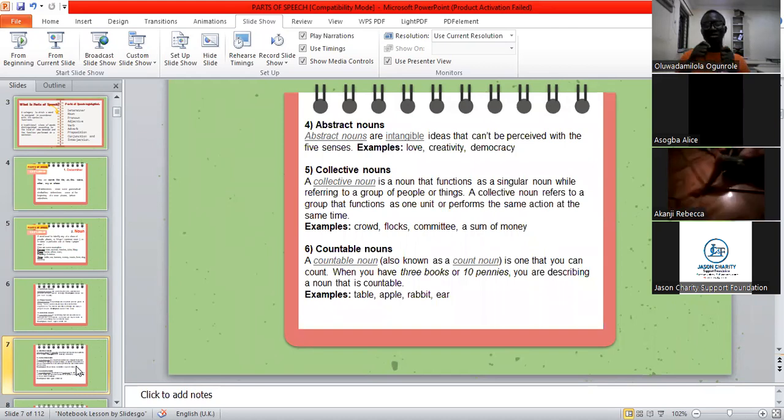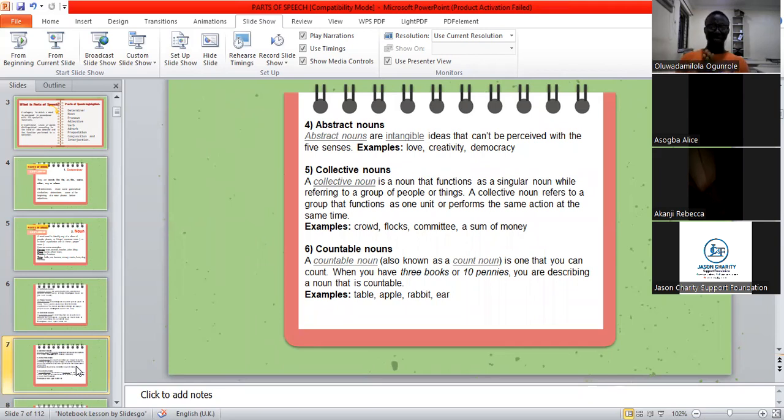If you say a group of people, what you are doing there is like you are trying to repeat, or what we call tautology in English language. Group and people, they are same. So what you can say is a people of persons or a group of persons. A group of persons can be called a crowd or people. So that is that with collective nouns.